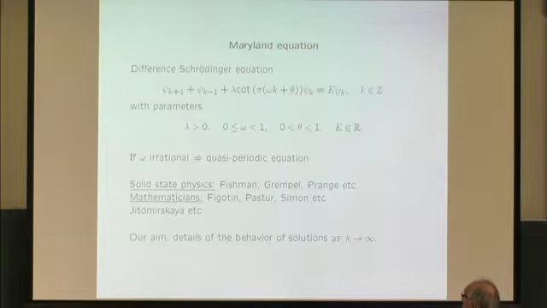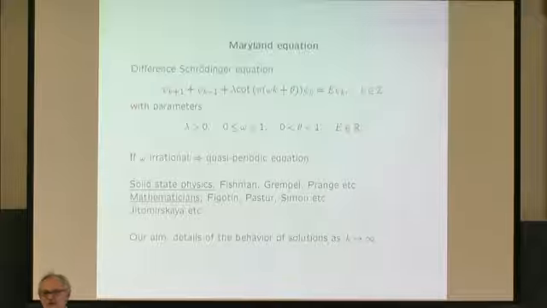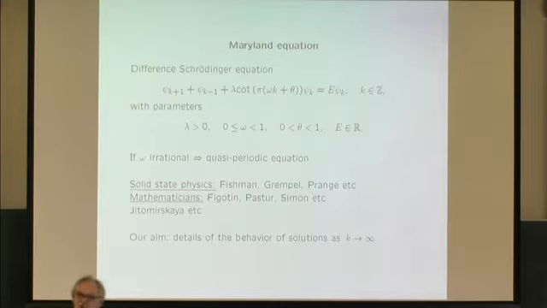It's equal to pi omega. Because of this, it's natural to consider this equation as a two-frequency quasi-periodic equation. It becomes quasi-periodic when omega is irrational, when the periods are incommensurate.